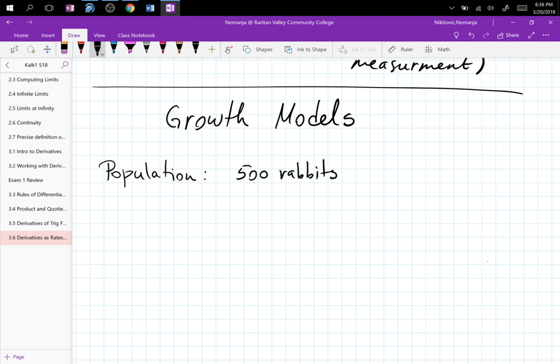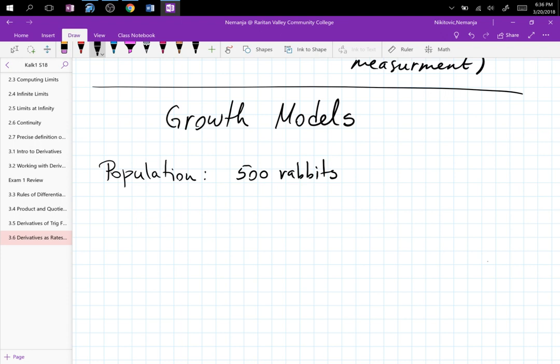Anyway, going back to this, so 500 rabbits. We have 500 rabbits that we are going to put into this habitat. And that's the beginning of the universe for these rabbits. Now, we are going to wait, let's say, a year, and then we're going to count all the rabbits. There will be new rabbits jumping around as well.